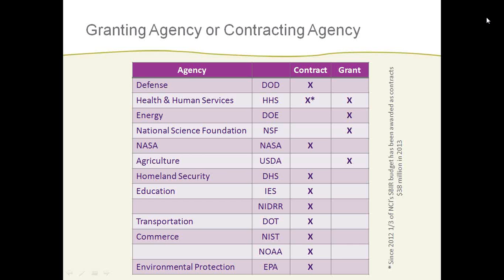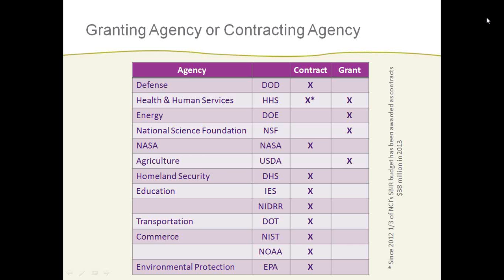The little note you see there just reflects the fact that one institute at HHS, National Cancer Institute, now uses contracting for 1/3 of its SBIR budget, and that in 2013 amounted to $38 million, which is almost twice as large as the entire SBIR budgets from Department of Agriculture and all those agencies you see listed below them on the table here.